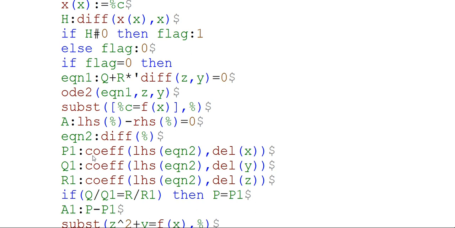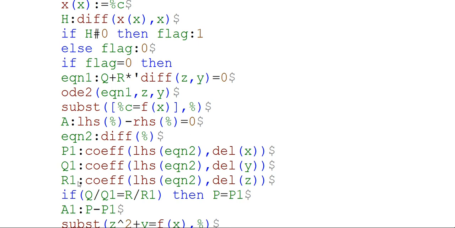So for coefficient comparison, the inbuilt command here is COEFF of LHS of EQN of 2 comma del x, meaning I need the coefficient of dx. Next I need the coefficient of dy, Q1, COEFF of LHS of EQN of 2 del y, and R1, COEFF of LHS of EQN of 2 del z.